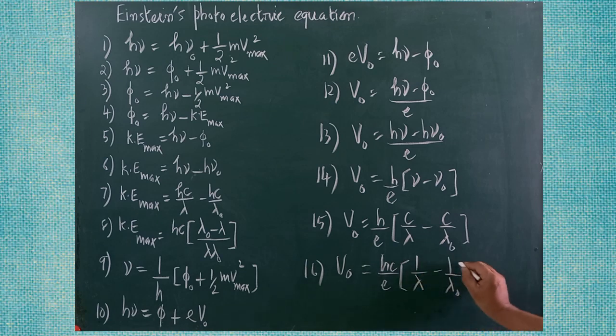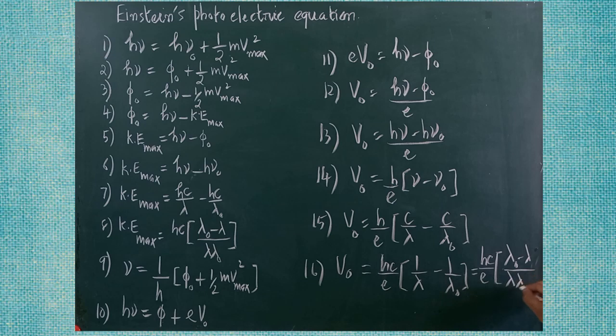After simplification, take the LCM and then you will get another formula, that is hc divided by e, in bracket (lambda naught minus lambda) divided by (lambda into lambda naught). Are you clear?